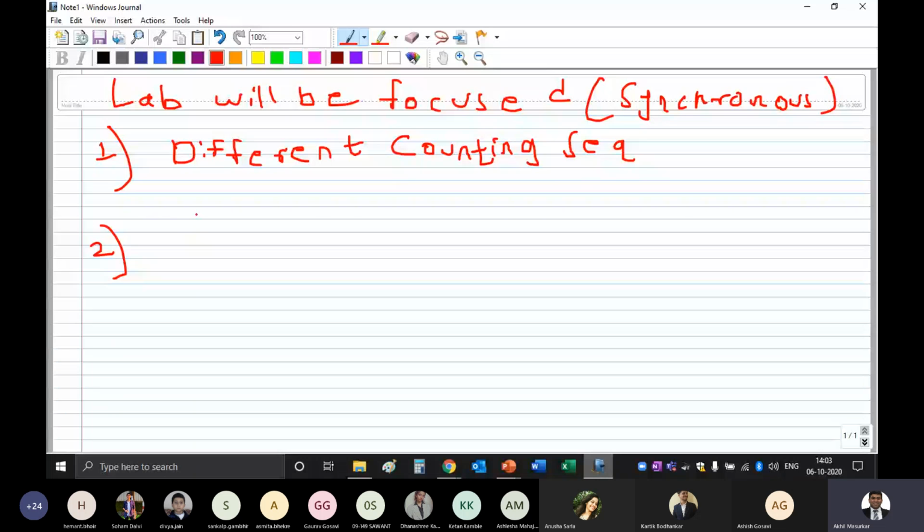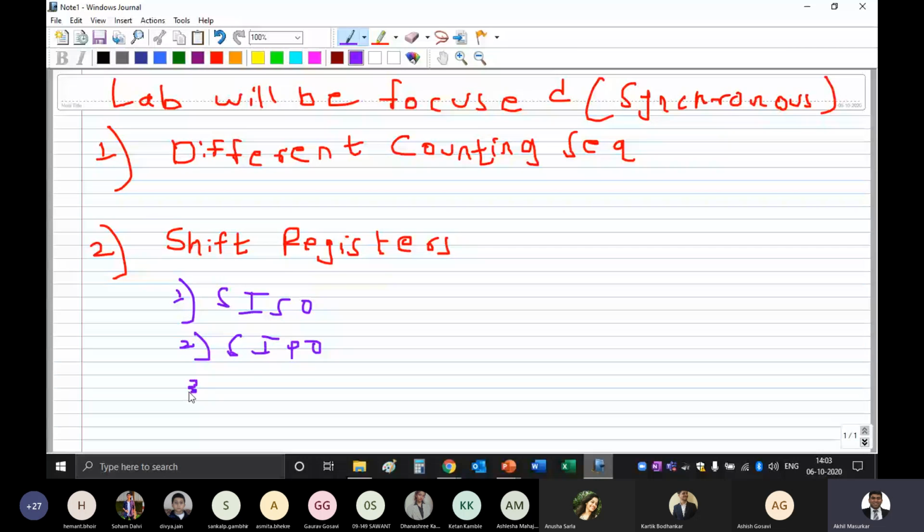And second, we will see a special type of counting which is called a shift register. In this, we will have serial in, serial out. Then we may have serial in, parallel out. Then we may have parallel in, parallel out.